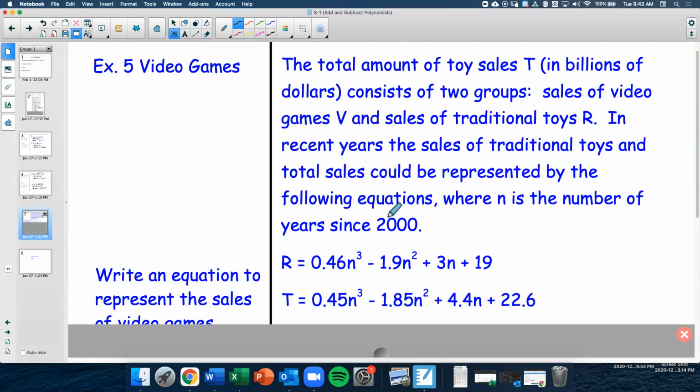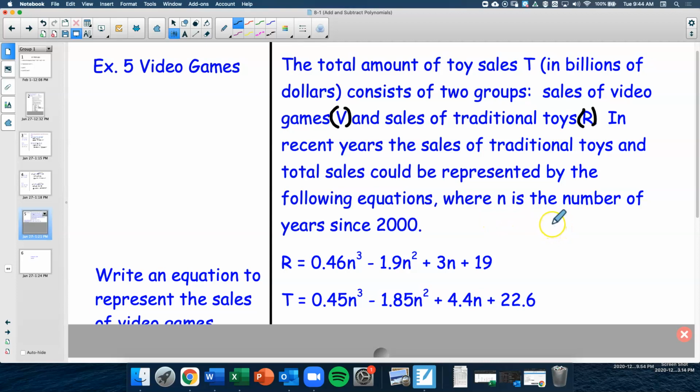You have example 5. The total amount of toy sales, T, in billions of dollars, consists of 2 groups. Sales of video games is V. Sales of traditional toys is R. I'm not sure where R came from. But in recent years, the sales of traditional toys and the total sales could be represented by the following equations.